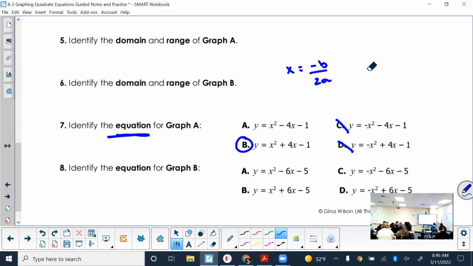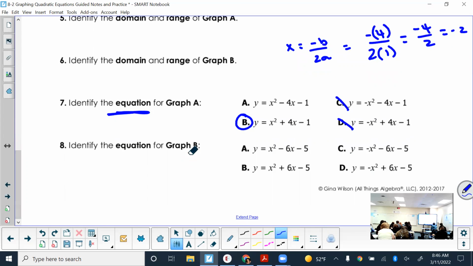So for graph B, it's -4 after plugging it in, over 2 times 1. That's how we get to that -2 for our axis of symmetry, which we said earlier. Make sense? You guys do the same for number 8 on graph B.